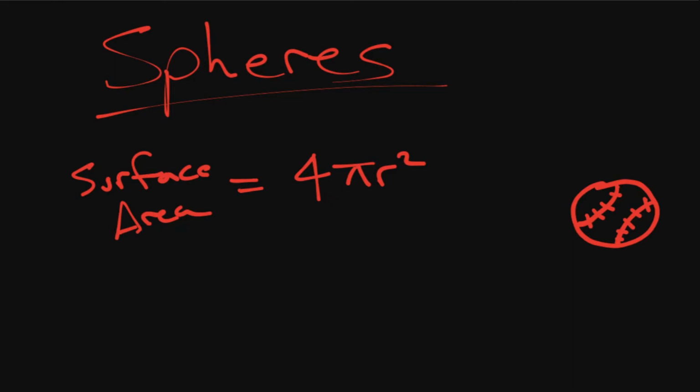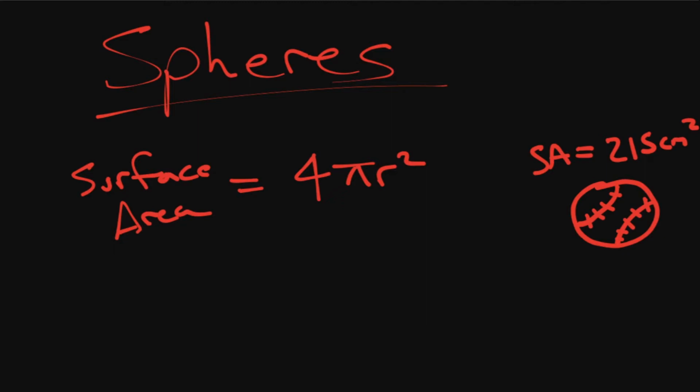Again, let's say the surface area of this baseball was 215 centimeters squared. Let's say I knew that and I gave that to you and said, hey, there is a baseball with this kind of surface area. I need you to give me the radius of this baseball.